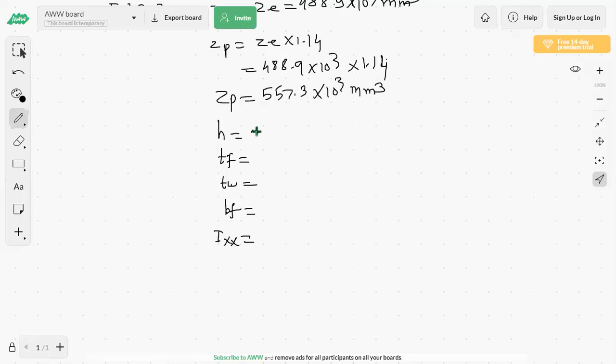So H here is 300. Width of flange is again here 150. Then 9.4 mm, then 6.7 mm.